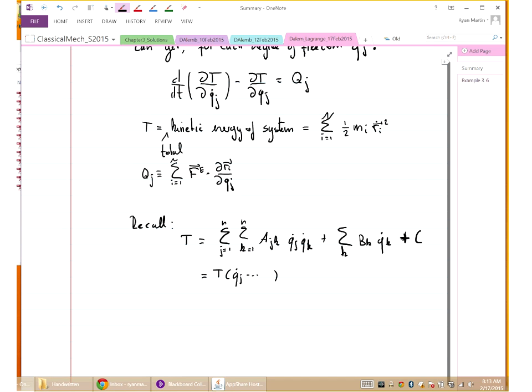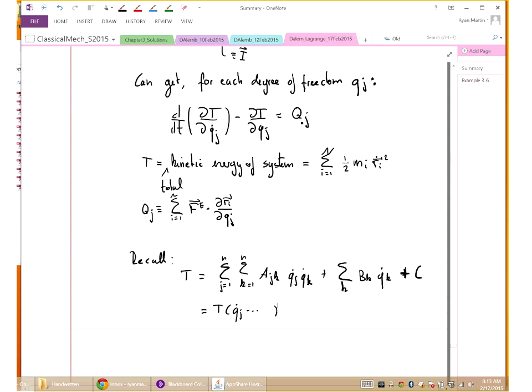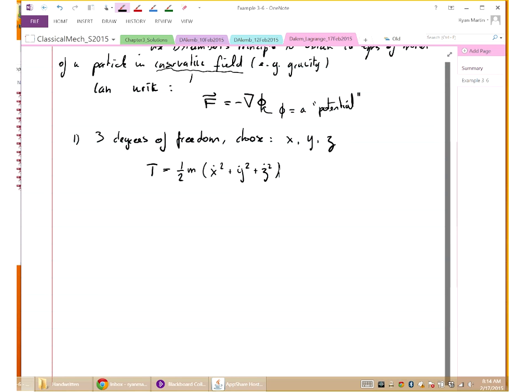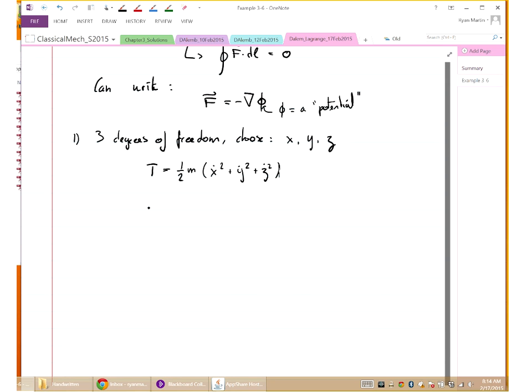Now the other thing that we need for D'Alembert's principle is Qj, the generalized force. So let's write out the generalized force. It's the sum over all the forces for all the particles.